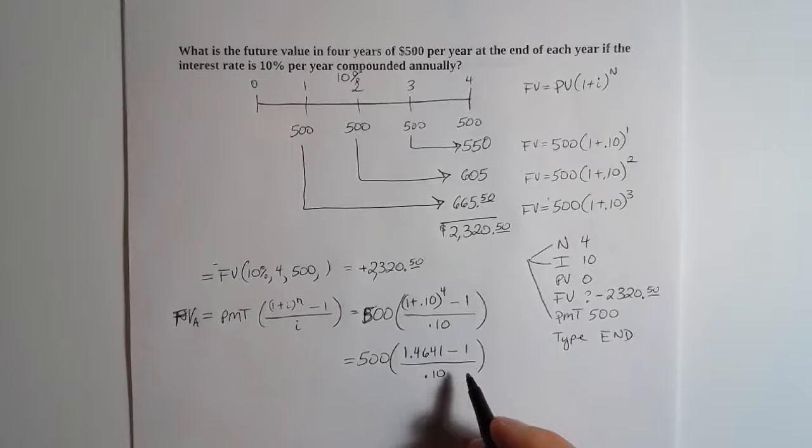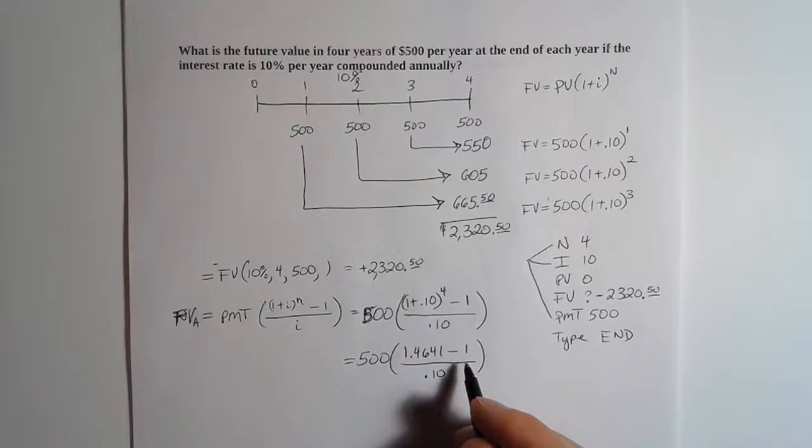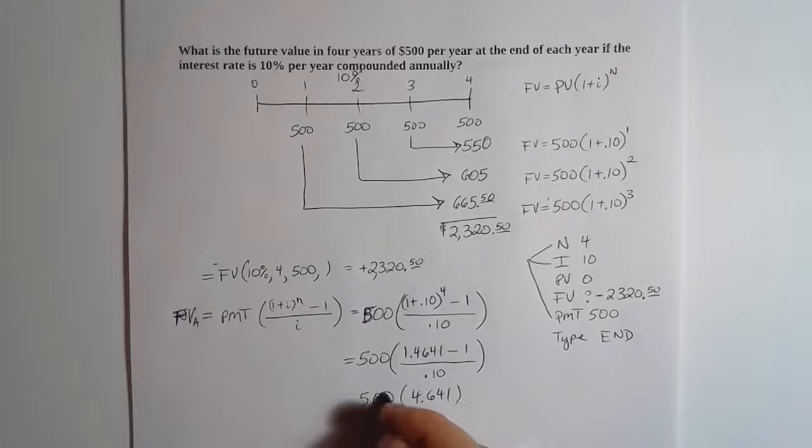And then if we work that out, so this is going to be 1.4641 minus 1, which is going to give us the 0.4641 divided by 0.1, which gives us 4.641, which then we are going to multiply by 500.